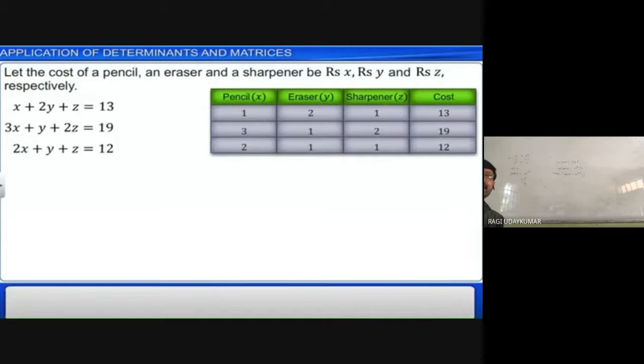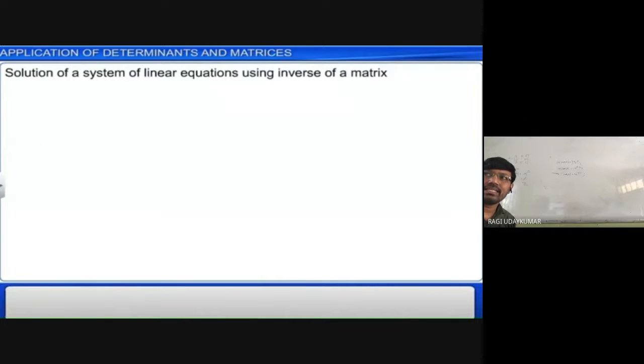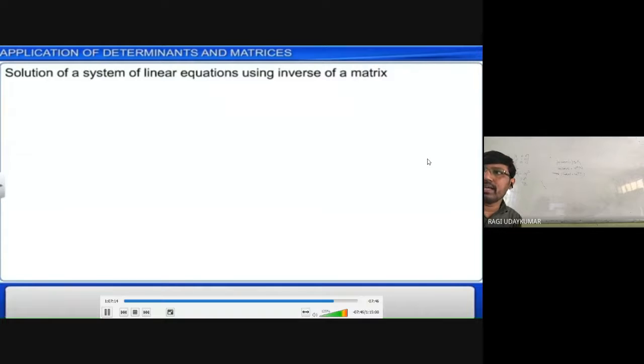So these are three linear equations in three variables. Now if you write all the coefficients as one matrix, and x, y, z, like this, you can write the equations in matrix form.